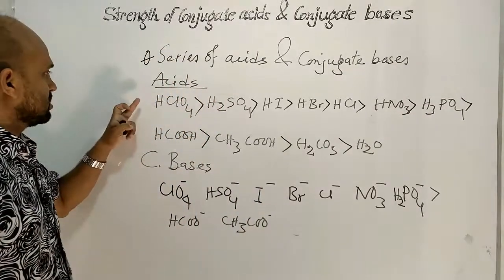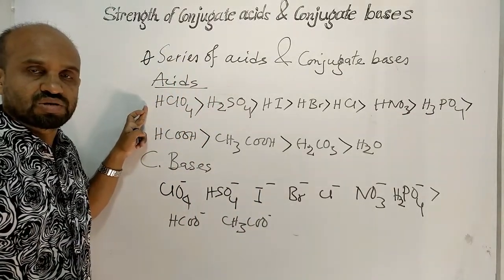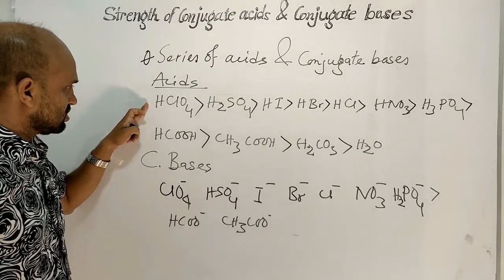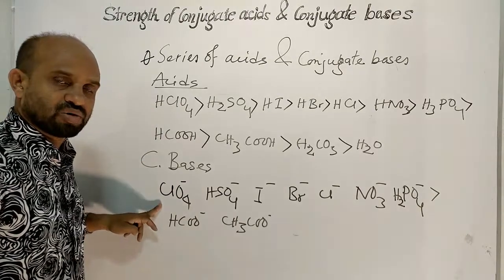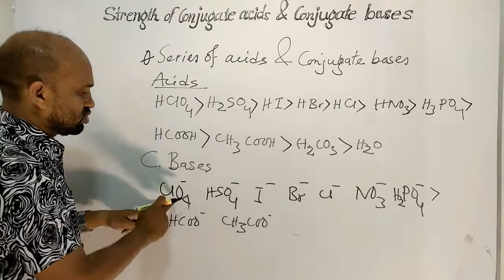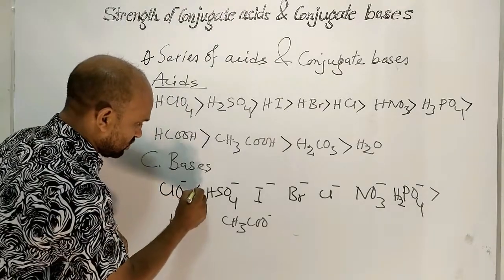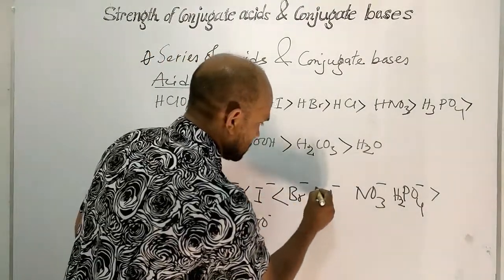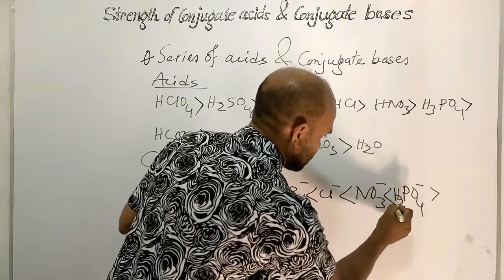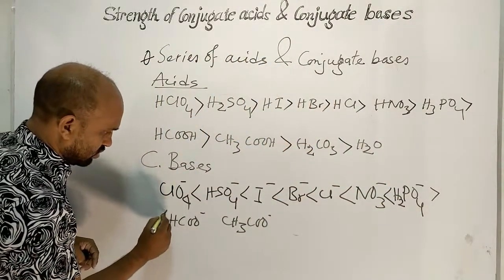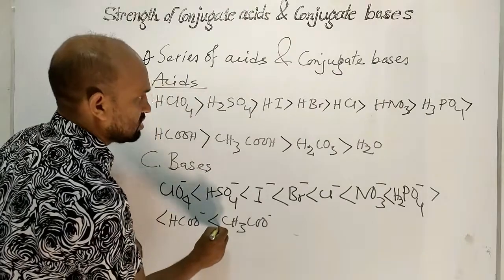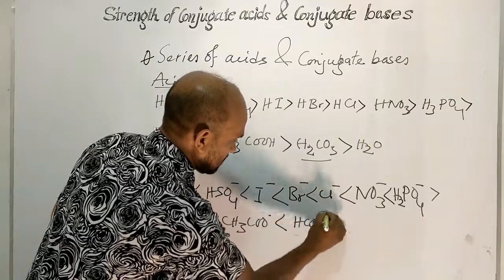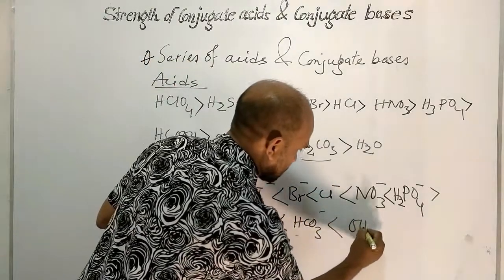We know that stronger acid produces weaker conjugate base. So here this is a stronger acid and its conjugate base is perchlorate ion. This is stronger, it will be weaker. So it will be weaker than bisulfate ion, then iodide ion, then bromide ion, then chloride ion, then nitrate ion, then dihydrogen phosphate ion, then formate ion, then acetate ion, and from here bicarbonate ion, and after that hydroxide ion.